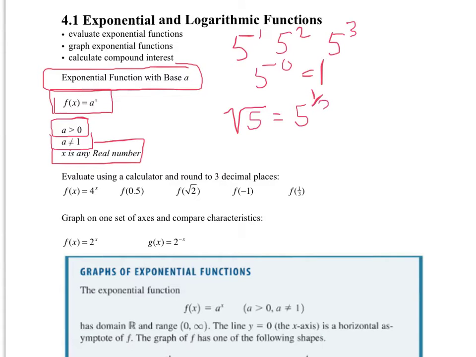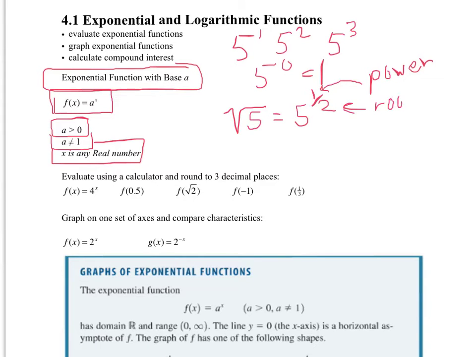And so then we learned that when we have a fraction as an exponent, the numerator of that fraction is the power of the base, which in this case is 5, and the denominator, in this case 2, is the root.